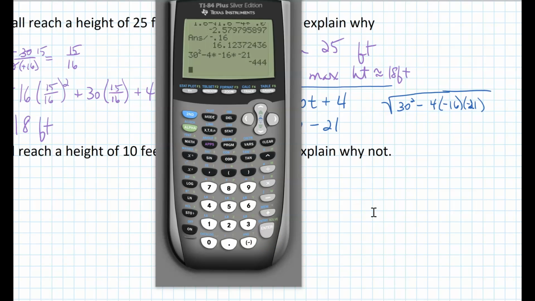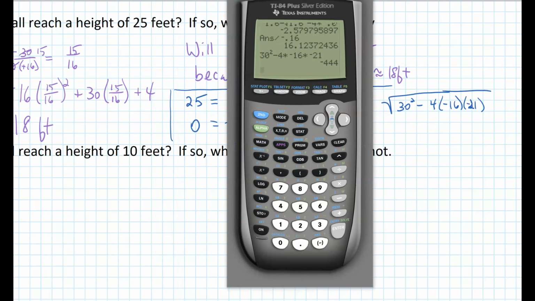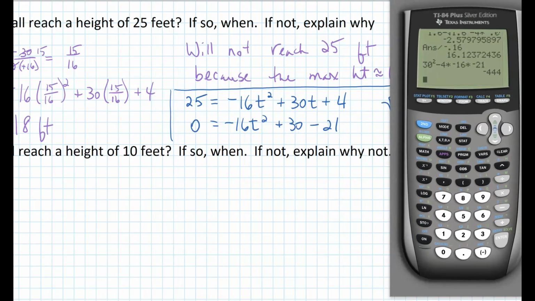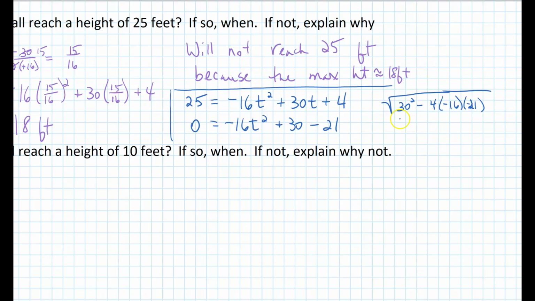Okay, now we have a discriminant that's negative, and what do we know? It's two imaginary numbers, it's less than 0. It means the parabola does not reach 25 because we don't have a real value. Yeah, so that's another way to tell. So it's imaginary, so there is no real solution.